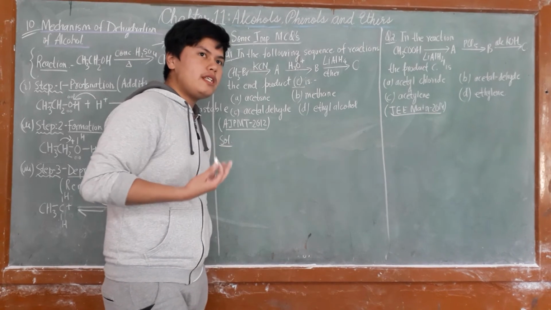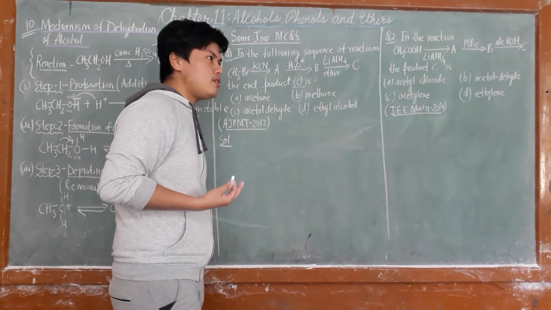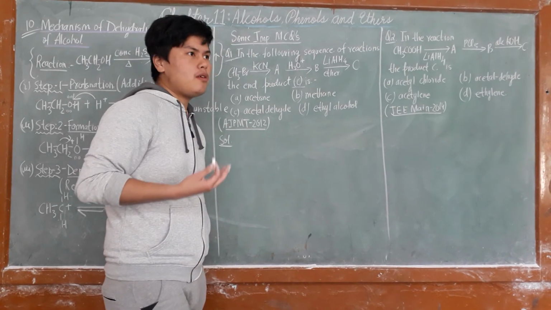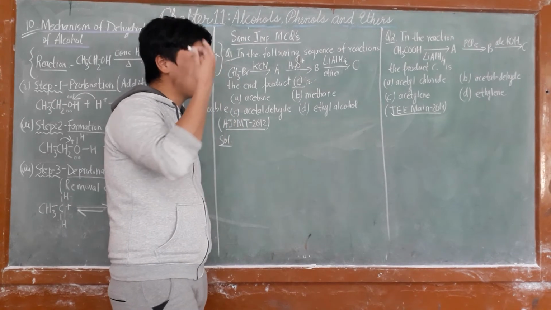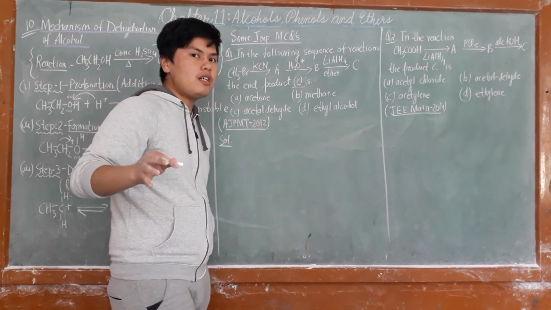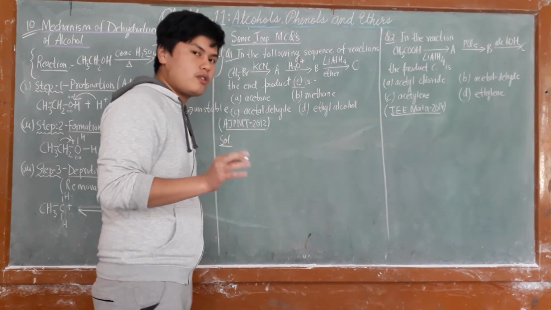Even in the NEET exam, you don't have much time, so it's important that you develop your skills such that while looking at the question, you can create the reactions in your own mind. But right now, since we are dealing with the chapter in detail, I'm going to write the reactions in detail.